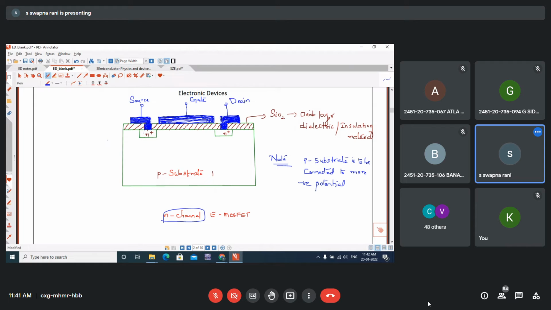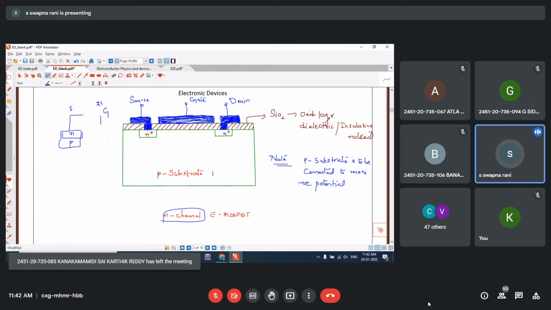Because here, look, there is an N P N junction. This is the n source and this is the p type substrate. Suppose the gate is at 2 volts and the source is at 0 volts.